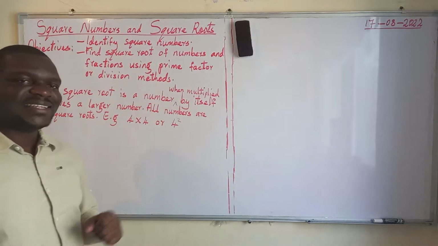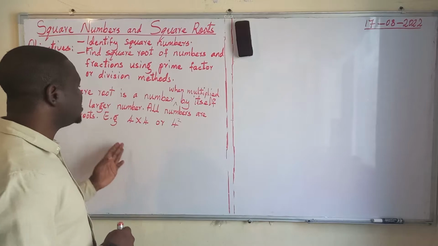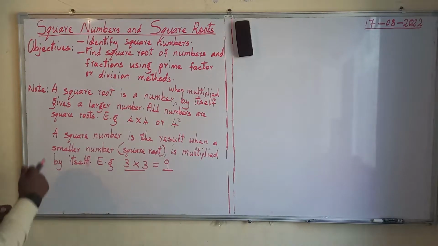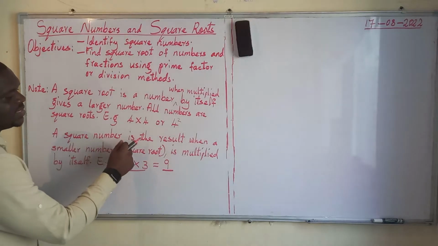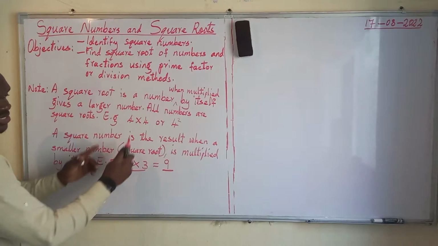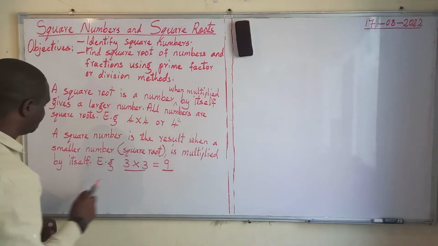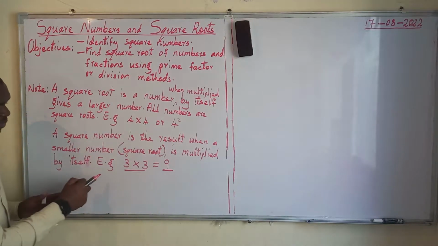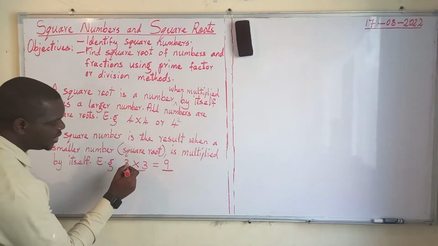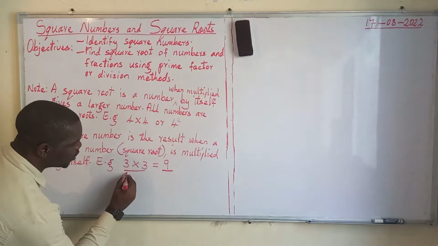Let's look at the second aspect, which is a square number. A square number is the result when a smaller number, which is a square root, is multiplied by itself. For example, 3 times 3 is equal to 9. 3 times 3 here is what we call the square root.